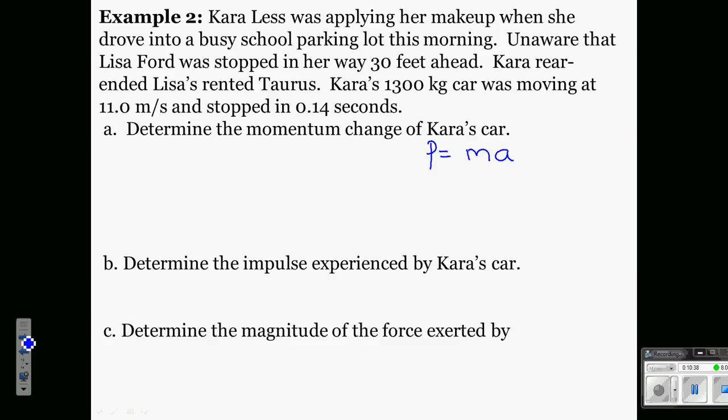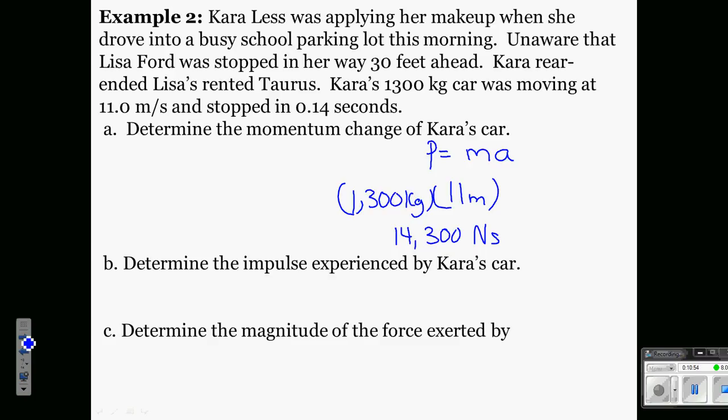So if I have the mass of 1,300 kilograms, then I have the acceleration of 11 meters, I end up with 14,300 N·s.